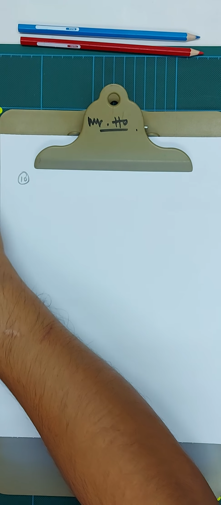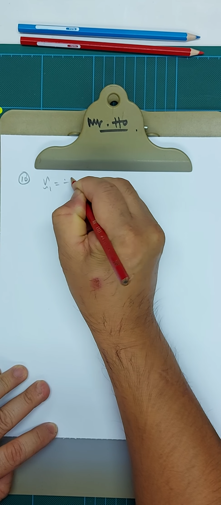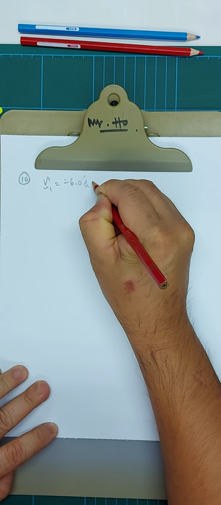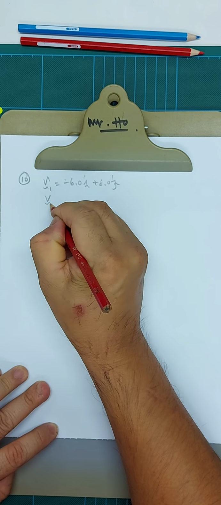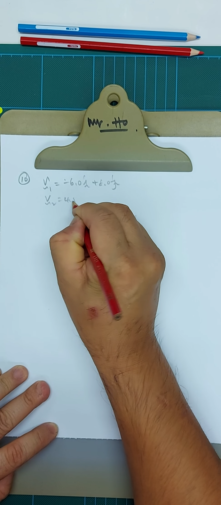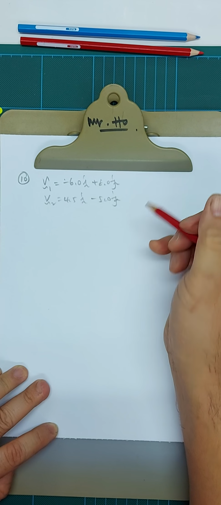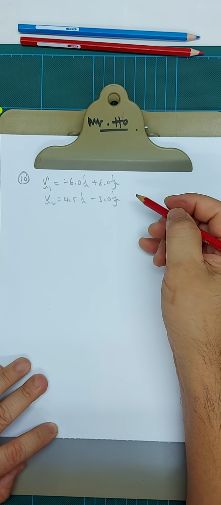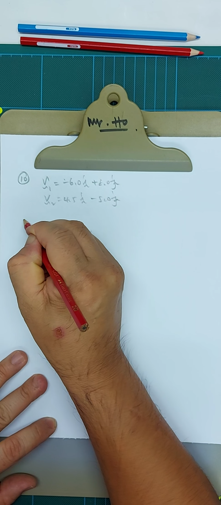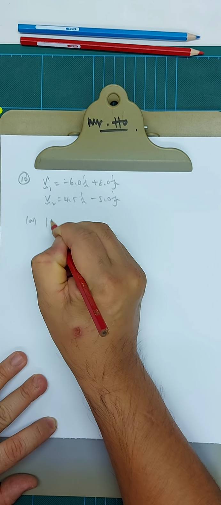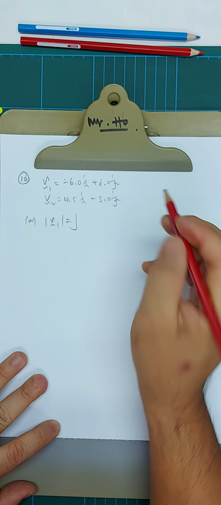So number 10, let's assume V1 is negative 6.0i plus 8.0j, and your V2 is 4.5i minus 5.0j. Determine the magnitude and direction of V1. Well, that is easy. So we have number 1, the magnitude of V1 is the square root of each component squared.